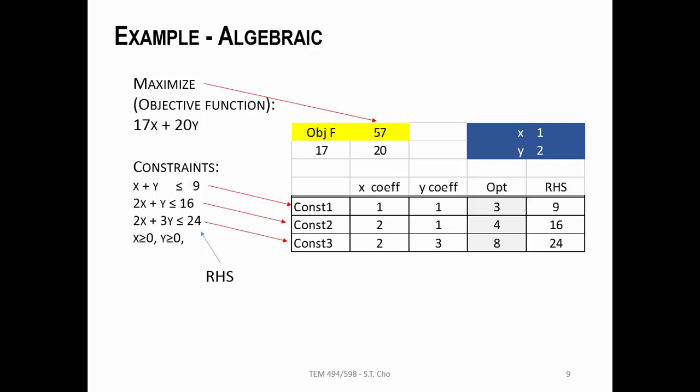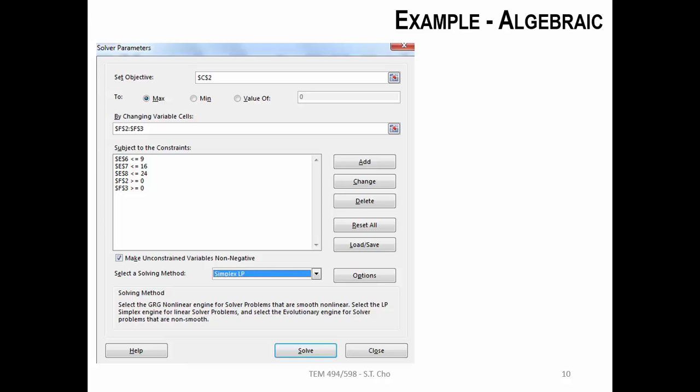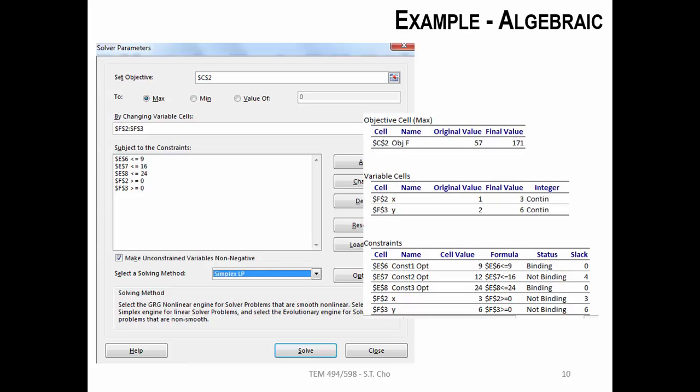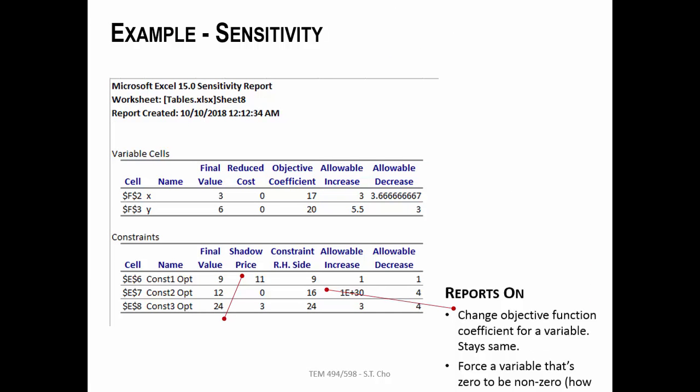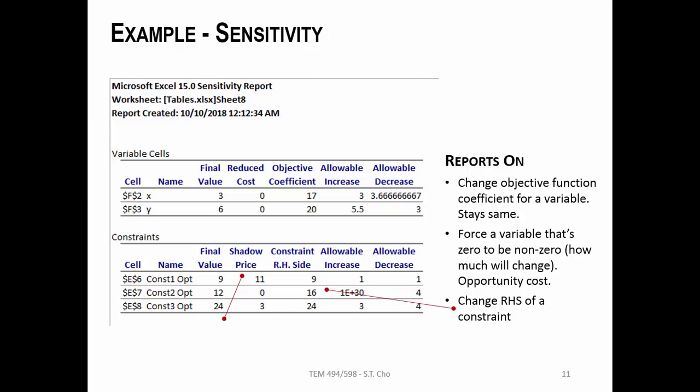Here's another example. If I have just simple algebra that I need to maximize. And so this is how I would set it up on that algebra in Solver. I'll leave that for you to fool around with. When it says a variable is non-binding, it means it's not going to really affect the outcome. Solver also gives you sensitivity, and those sensitivities tell you how much you can vary, and the solution won't change.